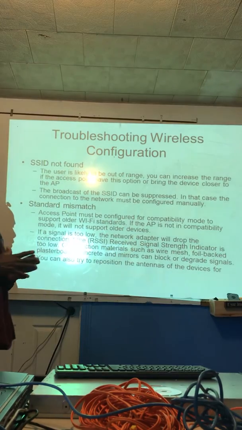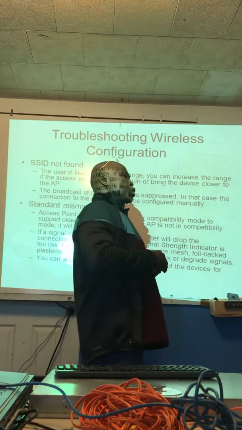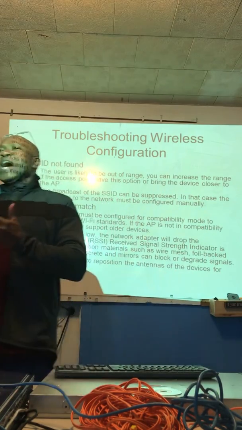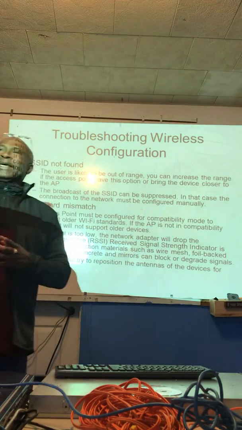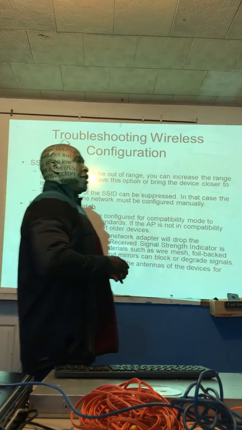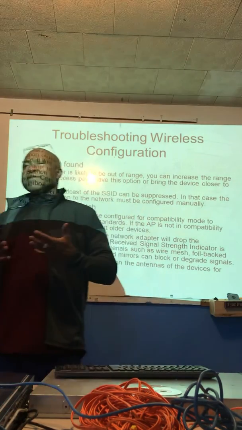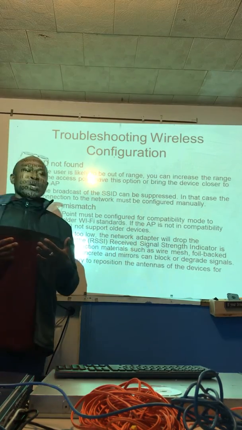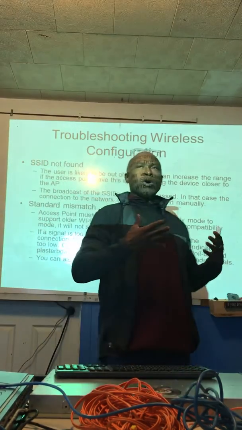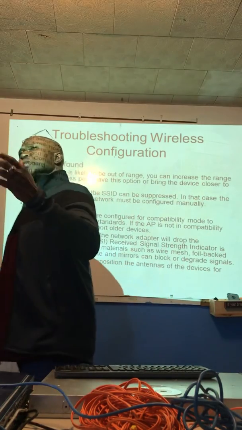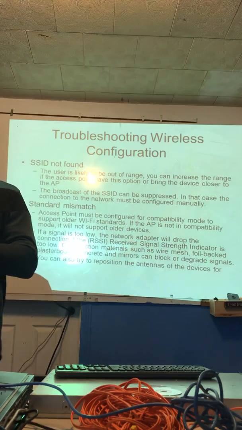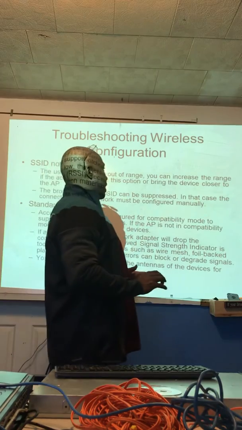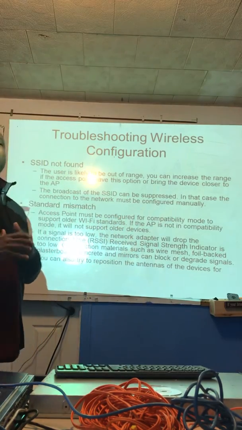So wireless access point that work in both 2.4 gigahertz and 5 gigahertz frequency can work with older device, even if the device was made 15 years ago or 20 years ago that used wireless A, or wireless B or wireless G. Most of the time those wireless can work in compatibility mode.